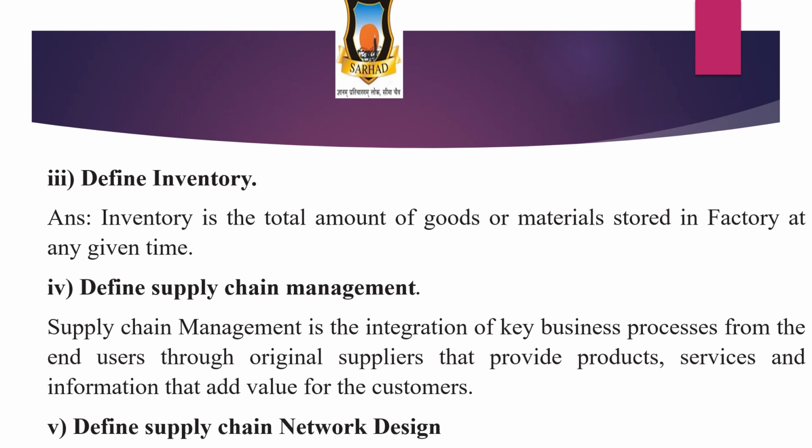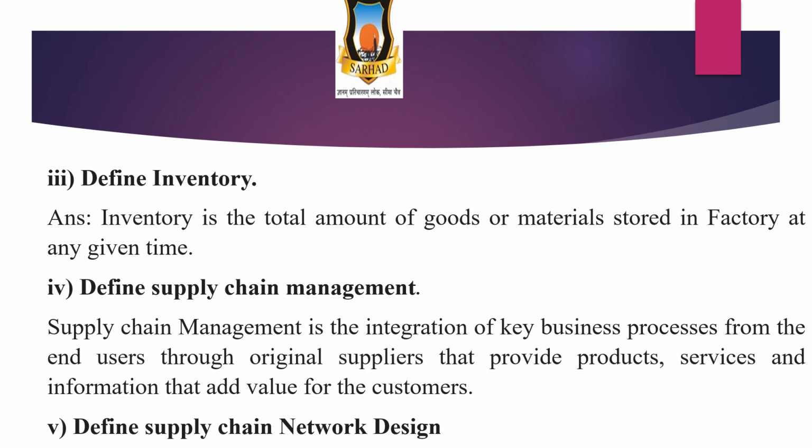The next is define inventory, and the answer is: inventory is the total amount of goods or materials stored in a factory at any given time. The next is define supply chain management.